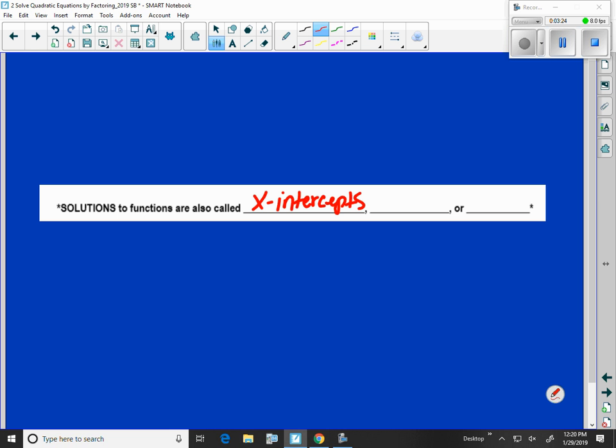Anybody know another word? Roots. X-intercepts, roots. We call it the roots of the equation, the x-intercepts of the equation.